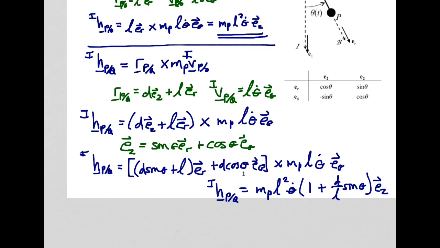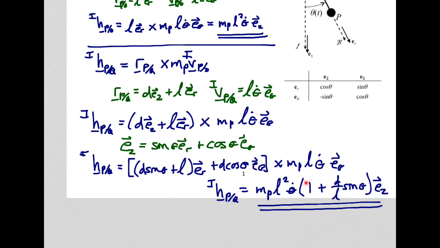And so you can see here that this expression actually looks pretty similar to what we have up here of the angular momentum of point P relative to point O, and this is angular momentum of point P relative to point Q, and we see that we get the mass multiplied times the length squared times theta dot in both terms.